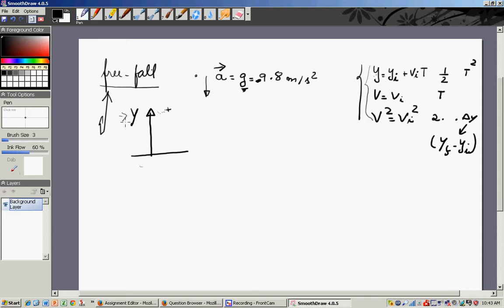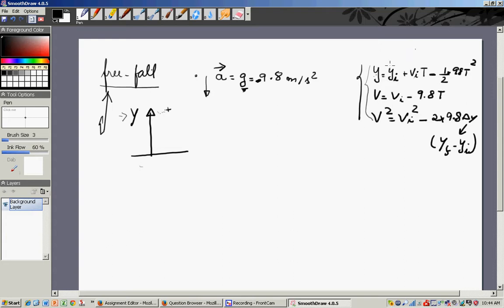If and only if you set your orientation this way, as I'm doing now, you're going to have a negative sign here, times 9.8. Same thing here, minus 9.8. And same thing here, minus 2 times 9.8. Okay? And why do you get this negative sign? It's because of the orientation of your acceleration vector.